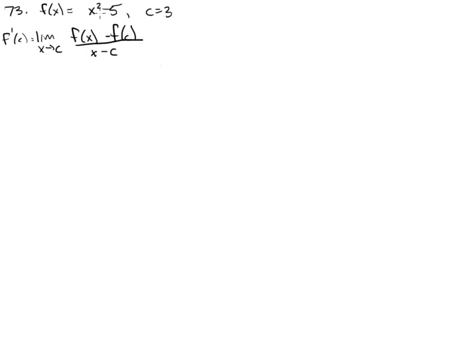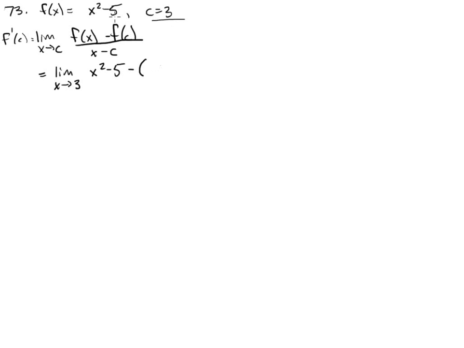So our f of x in problem number 73 is x squared minus 5, and they want to know what the derivative is when c is equal to 3. So this is the limit as x goes to 3 of, well, f of x is x squared minus 5, and it's going to be minus the quantity of f of c, and f of c is equal to f of x except with c's there instead.